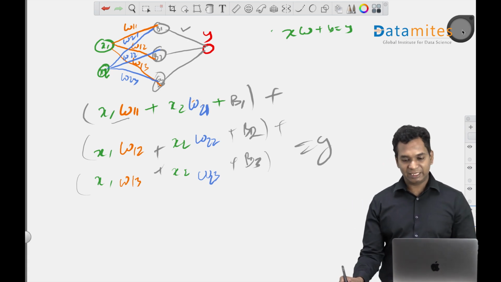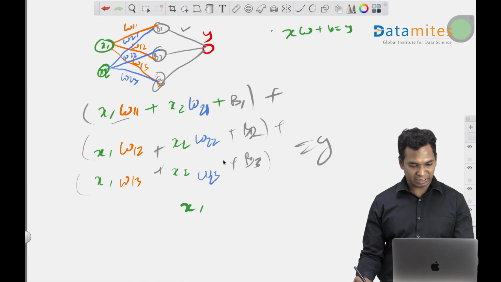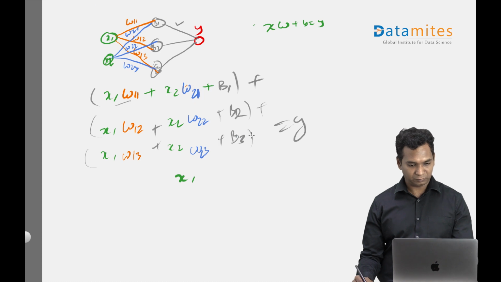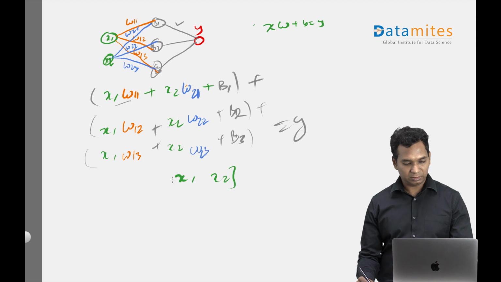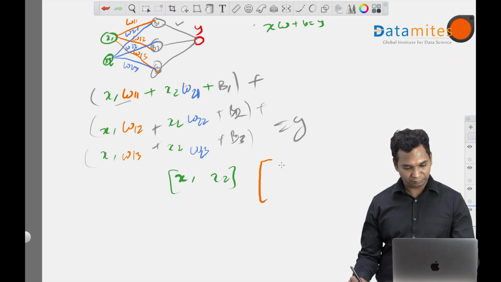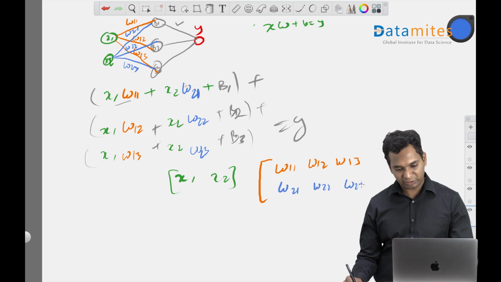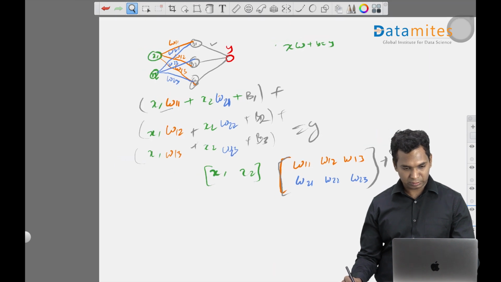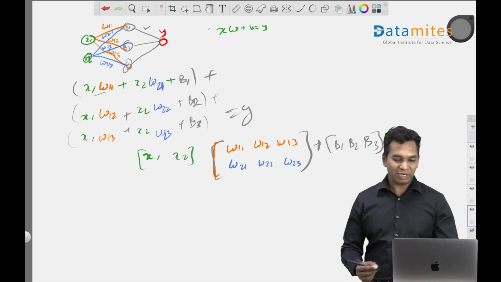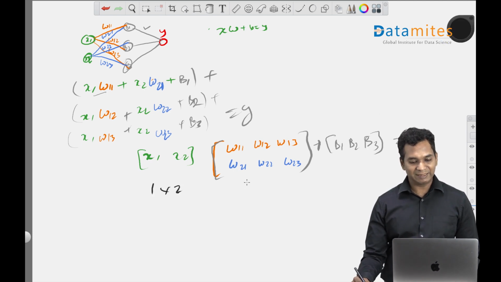This can be further generalized into a matrix notation, because this can be written as x1, x2, and then you have this weights matrix: W11, W12, W13, and W21, W22, W23, plus your B1, B2, B3 is equal to your Y. If you look at it, this matrix is one row, two columns, and this is two rows, three columns.